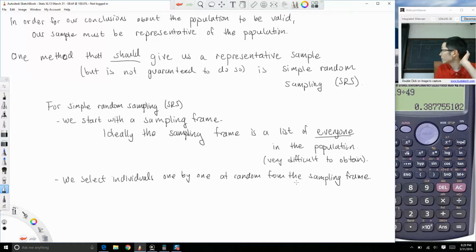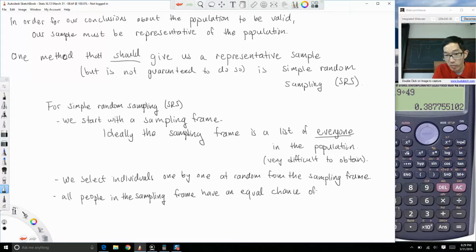Okay, and this makes it so that all people in the sampling frame have an equal chance of being selected, and all possible samples have an equal chance of being selected.